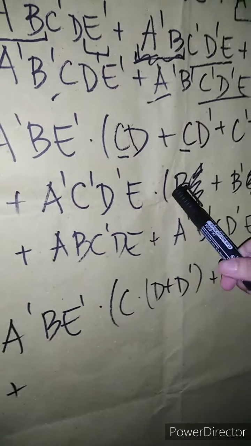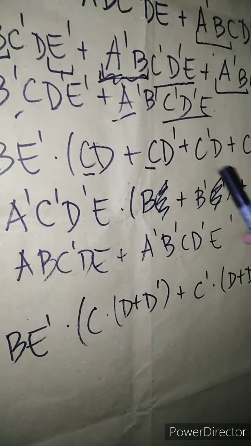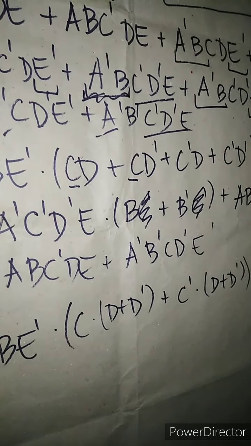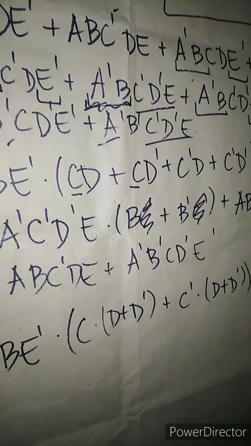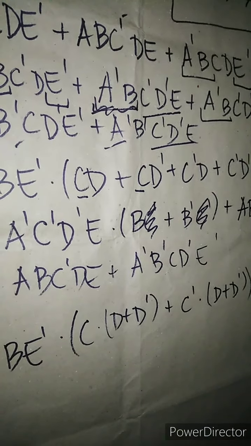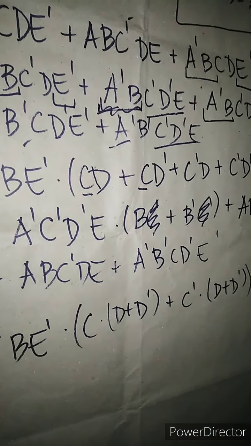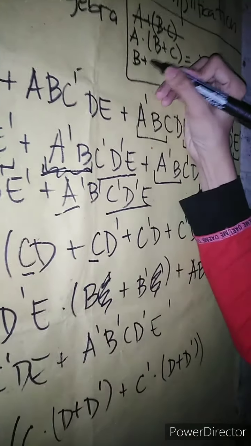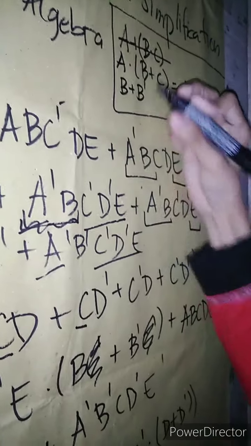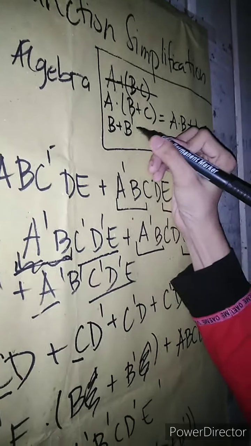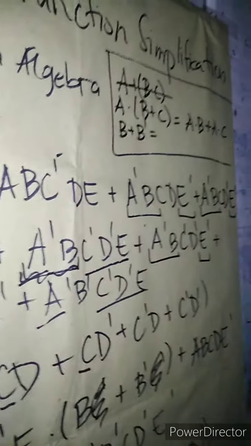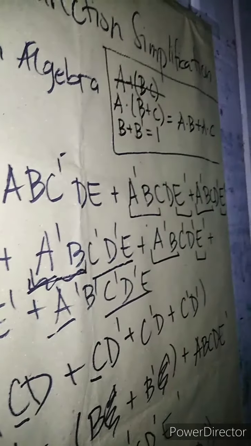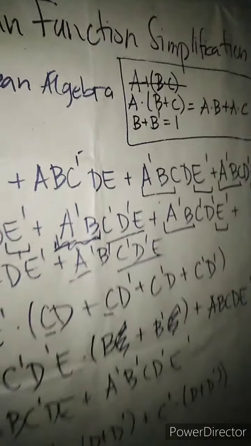Okay, for this one, inside the parenthesis, we have B plus B prime. It is a very known property on the OR category that when B or B complement is being operated, the result is always 1.